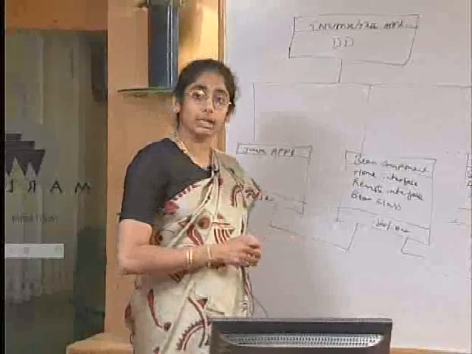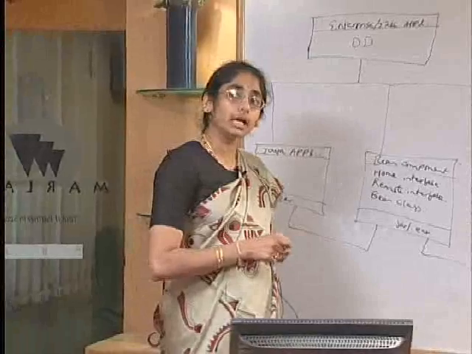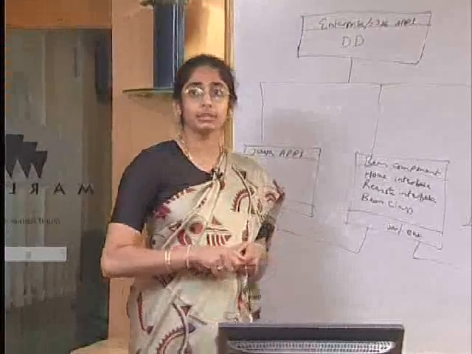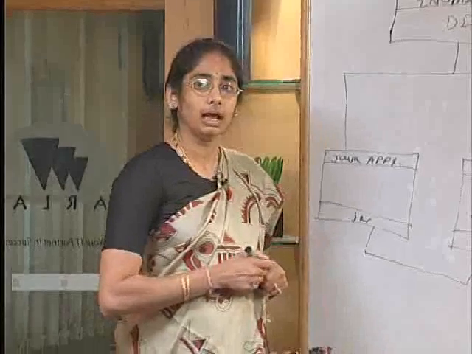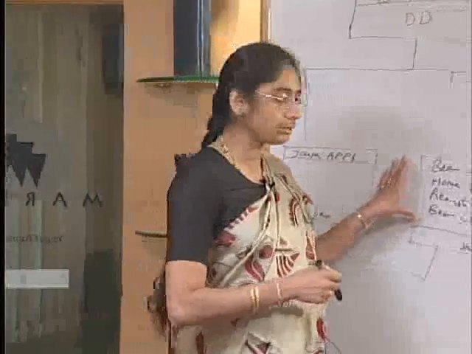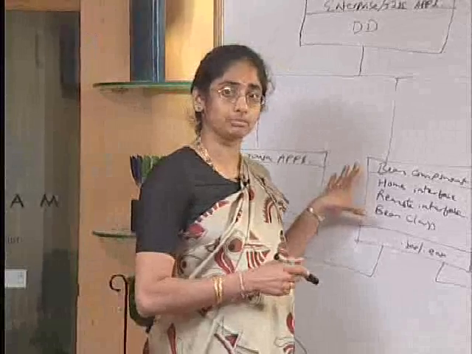Now, let us look at what are the different types of beans that the EJB specification has provided us with, and then we will look at the bean component files in detail.